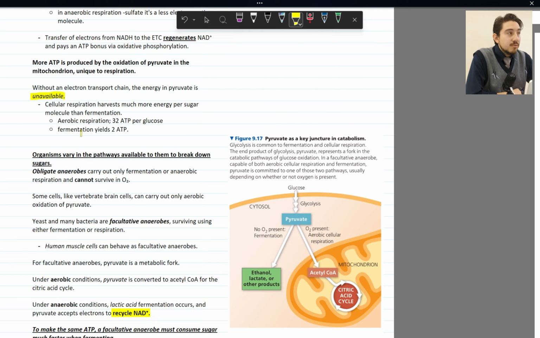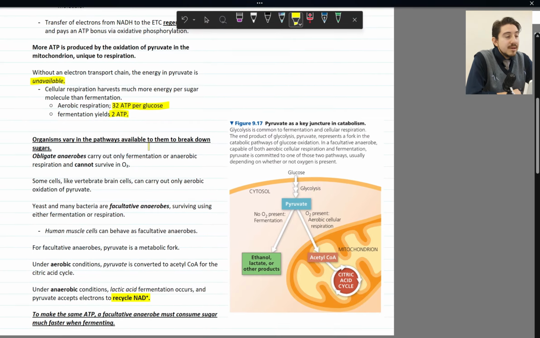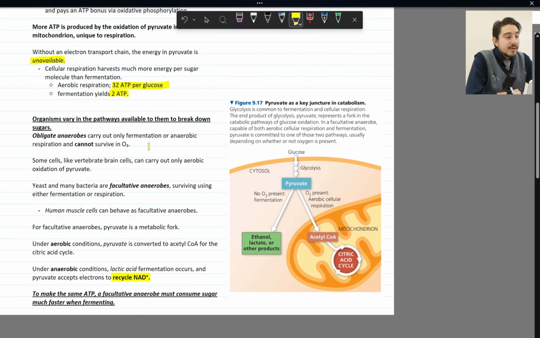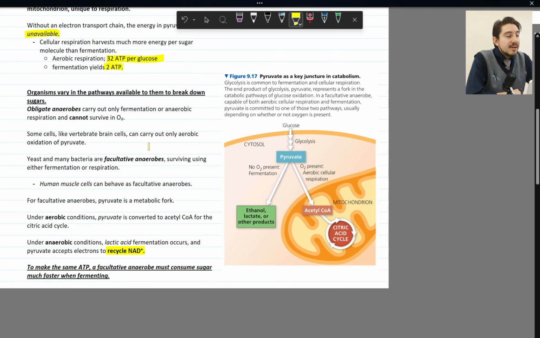Cell respiration will give much, much more energy per sugar molecule compared to fermentation. Aerobic respiration will yield 32 ATP per glucose. Fermentation will yield 2 ATP. Okay? Very, very important. Compare and contrast, okay?